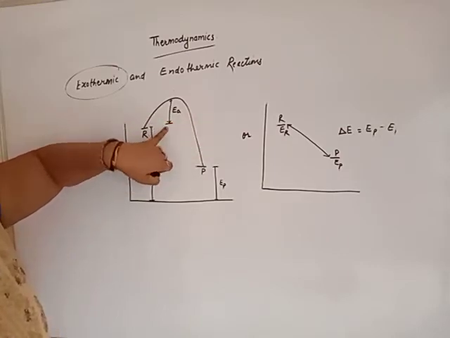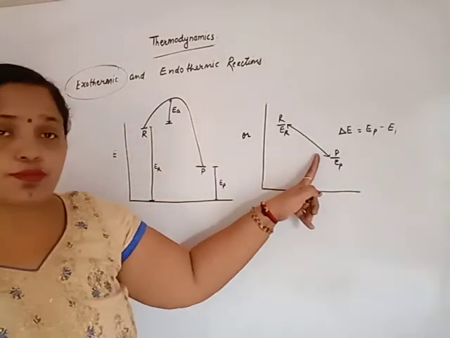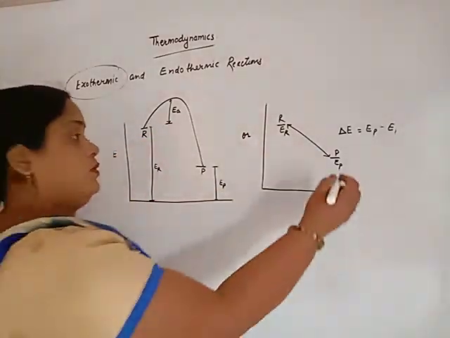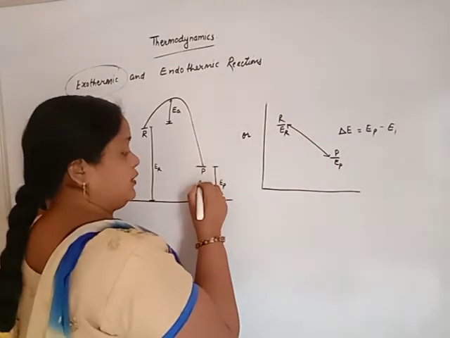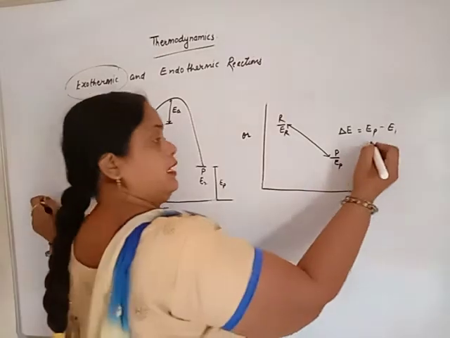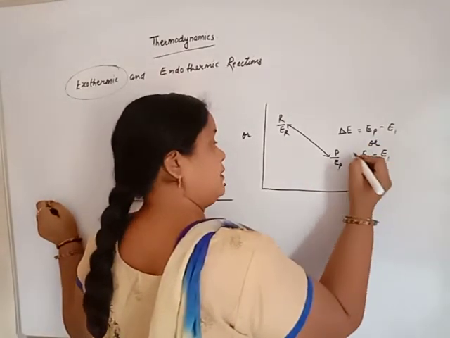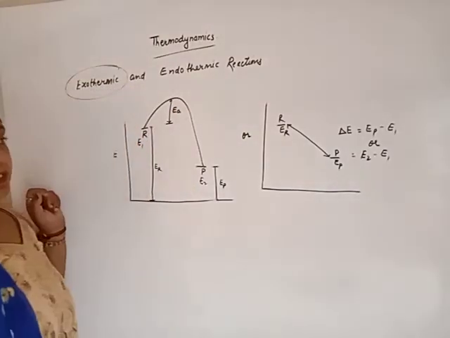So you may draw it or may not. You may draw the graph like this also. Or you can say product is E2, reactant is E1. You will write E2 minus E1 is the energy change.